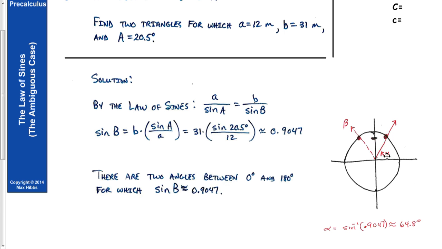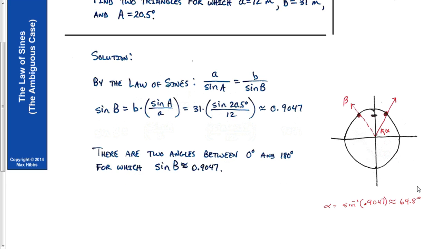And so we have an angle right here that would have a sine of this y value, and we have an angle here that I called beta that would have a sine of this y value. So both of these would have a sine value of 0.9047.